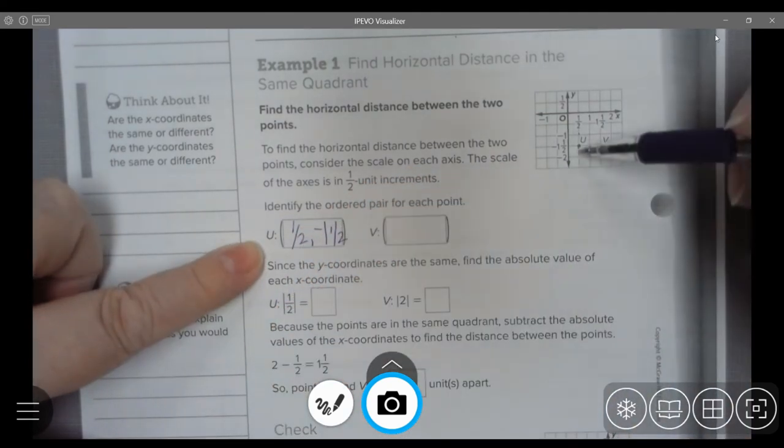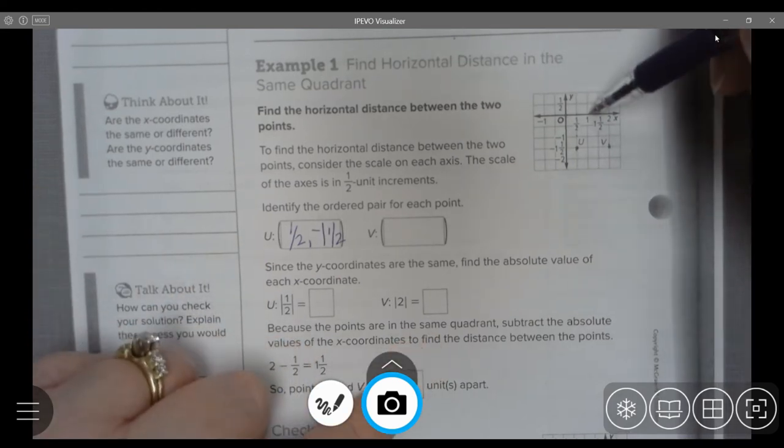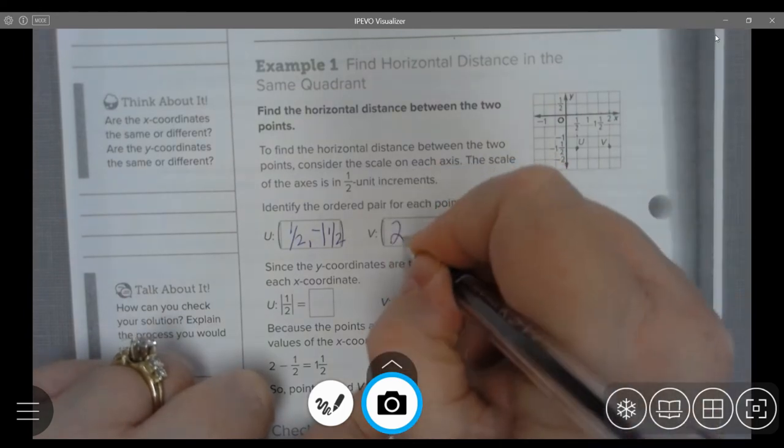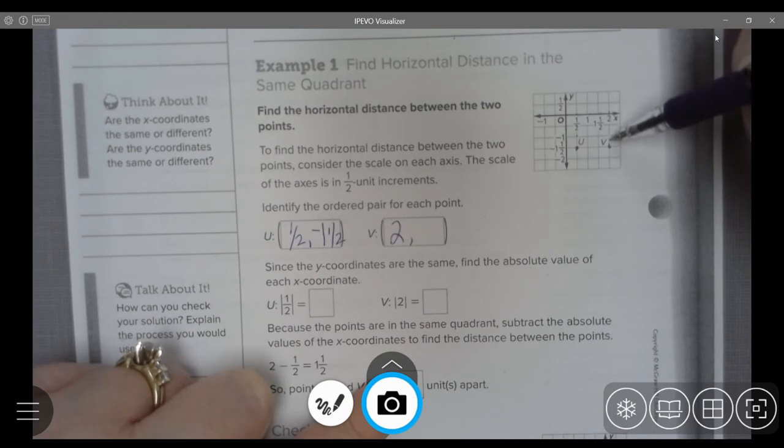So U would be (+1/2, -1.5). And then V, I would have to go over 2 spaces, 1.5, 2, and that is positive. And then I would go down -1.5.